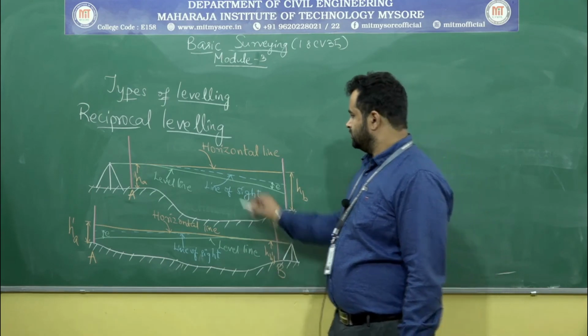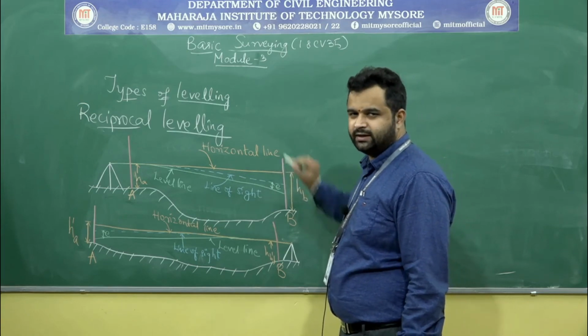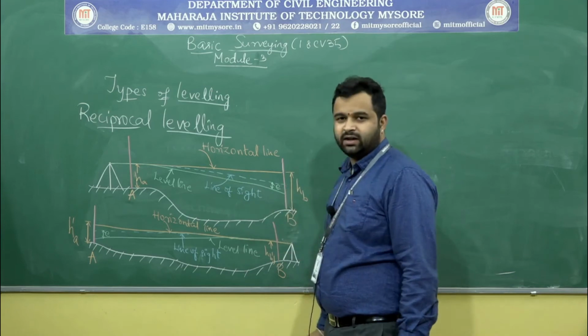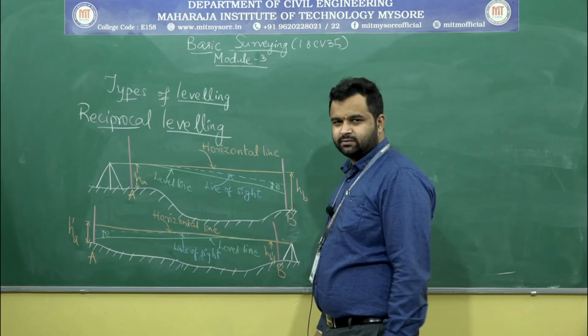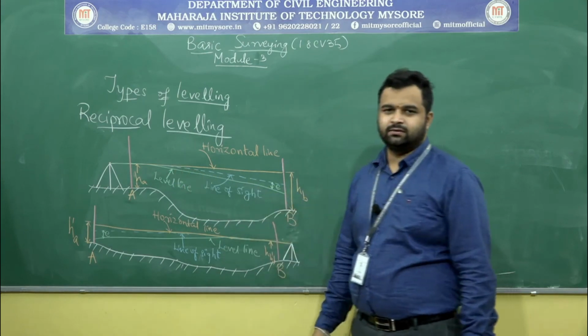The line I have written in orange is the horizontal line, whereas the blue line is the line of sight, and this green line is the level line.